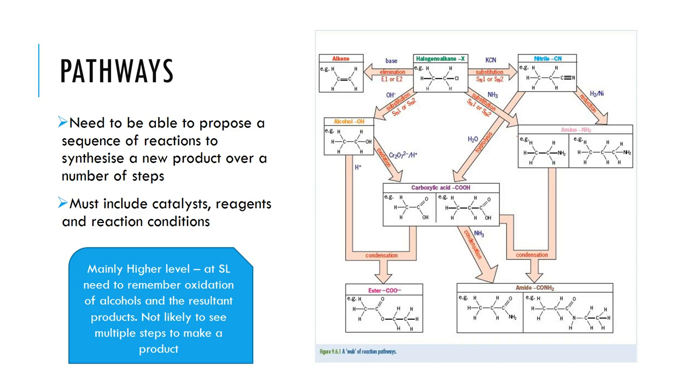We will do a mind map in class to bring these all together, but hopefully you're starting to see now that we can start with an alkene, form a halogenoalkane, and then form an amine or an alcohol. We can oxidize that alcohol to form our carboxylic acid, and from there we can condense the two to form an ester.